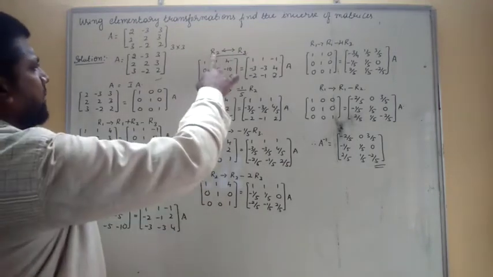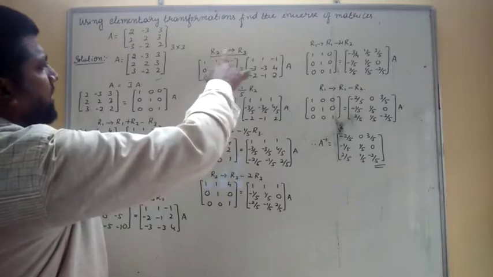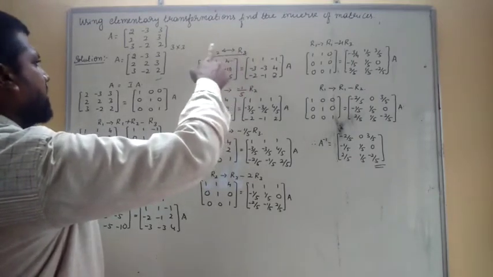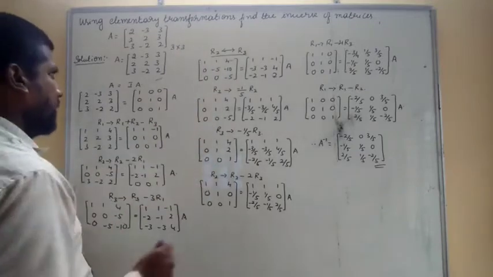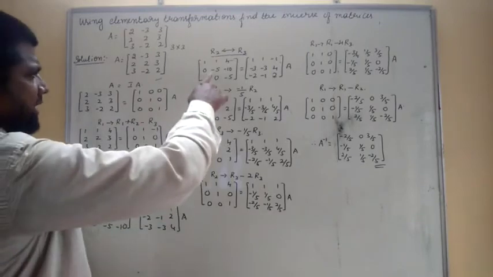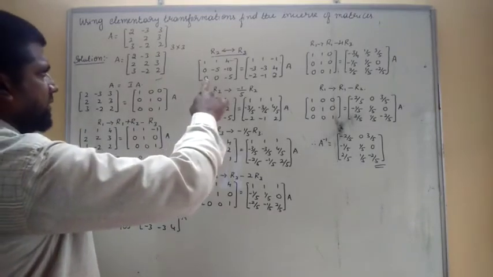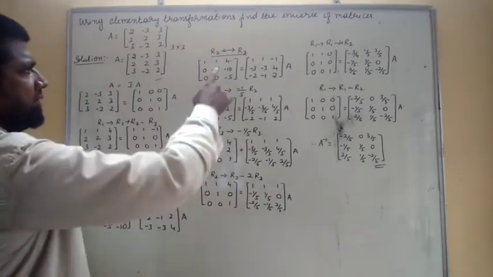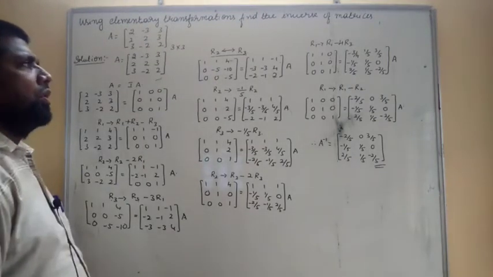So you have written here row 2 changes to row 3, which means row 2 is shifted to row 3. Then row 3 elements are shifted to row 2. So here 0 0 minus 5 is shifted to row 3. Then 0 minus 5 minus 10 is shifted to row 2.